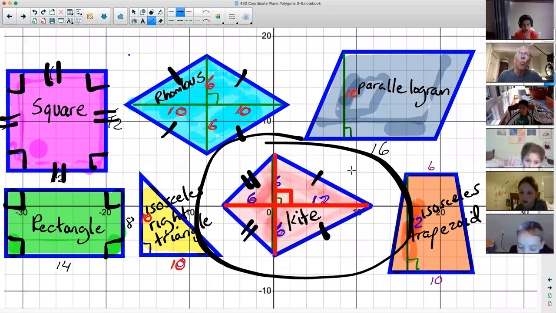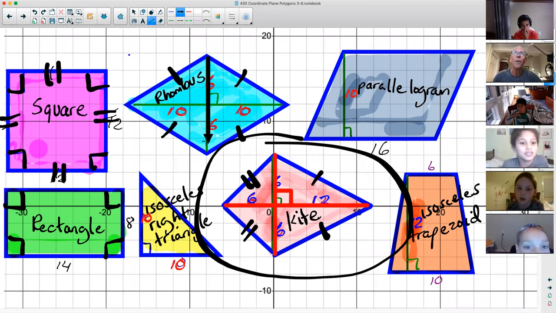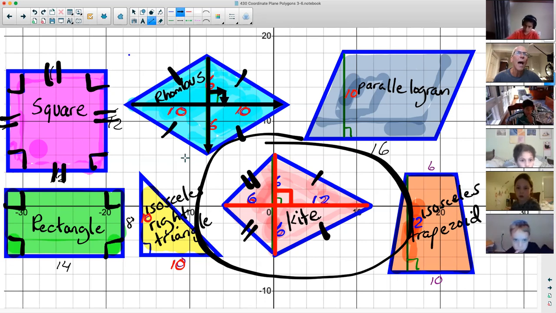Penny, do you know which one also has diagonals which form a right angle? The rhombus also has it. Penny is right. A rhombus is the only other shape that is guaranteed to create right angles with its diagonals.